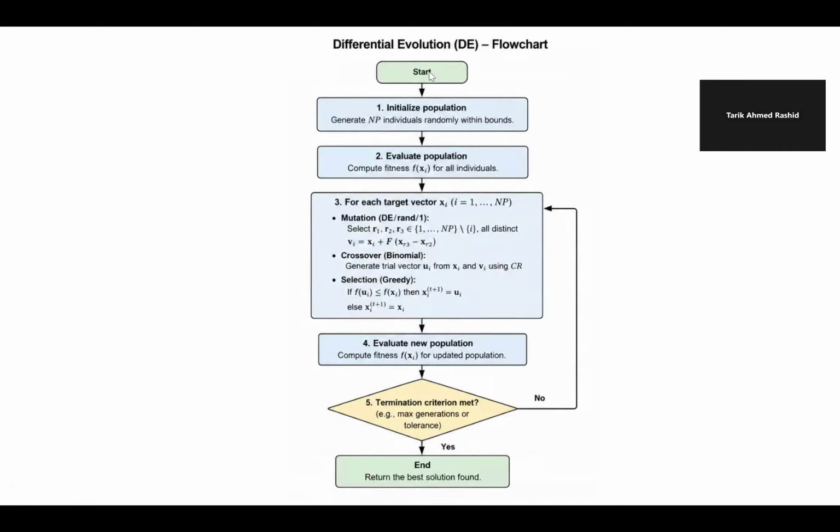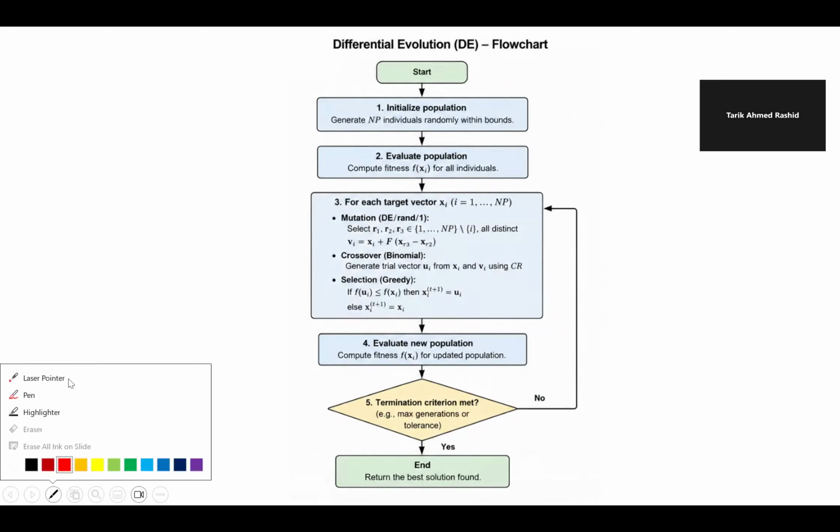So this is the algorithm: start, initial population, and then evaluate the population through the fitness function, and then for each target vector do mutation with this equation.